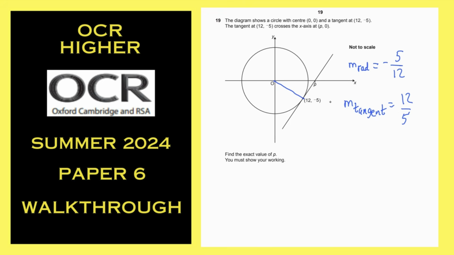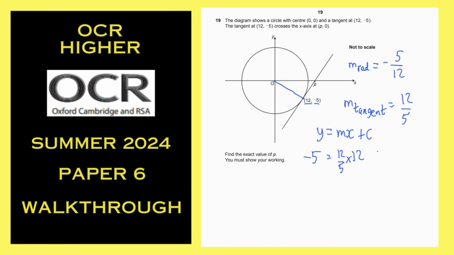So this line we've got, we can now find its equation, because we have a y coordinate, negative 5, an x coordinate, which is 12, a gradient, which is 12/5.